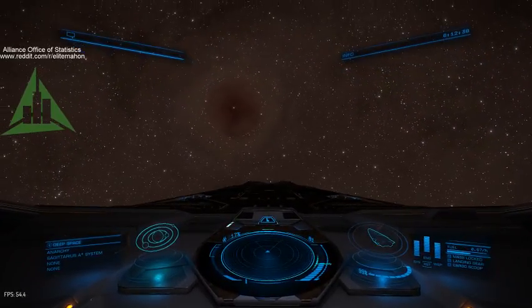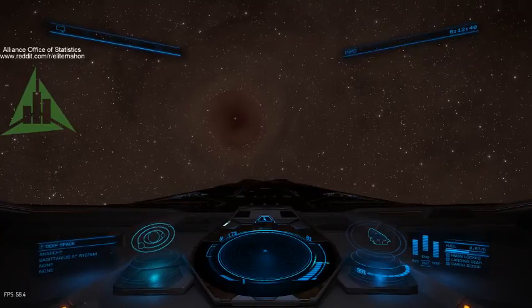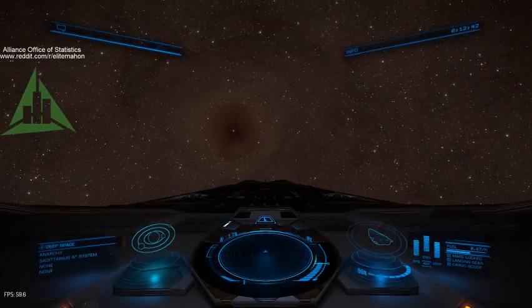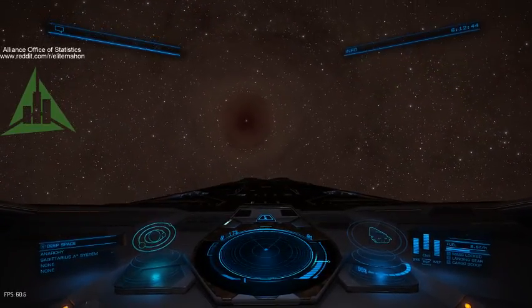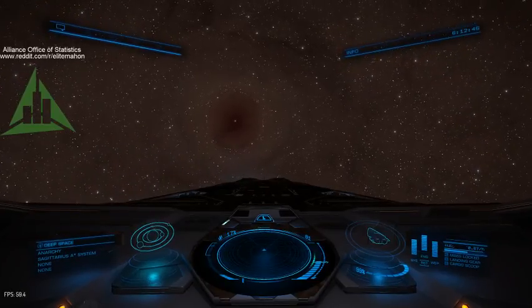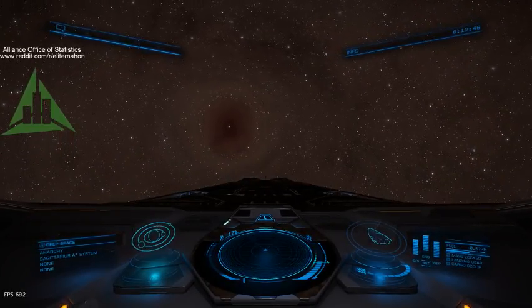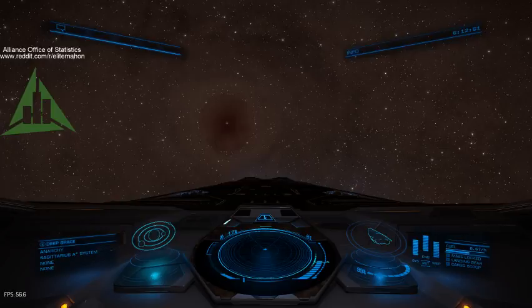So there's some effects here that Elite Dangerous does well. The lensing is one of them. I think that it pretty much ignores any sort of accretion disk or hot gas emissions.